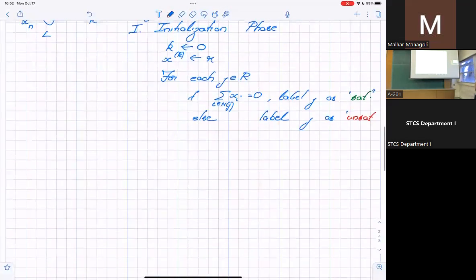We need to keep that, so we write that down.